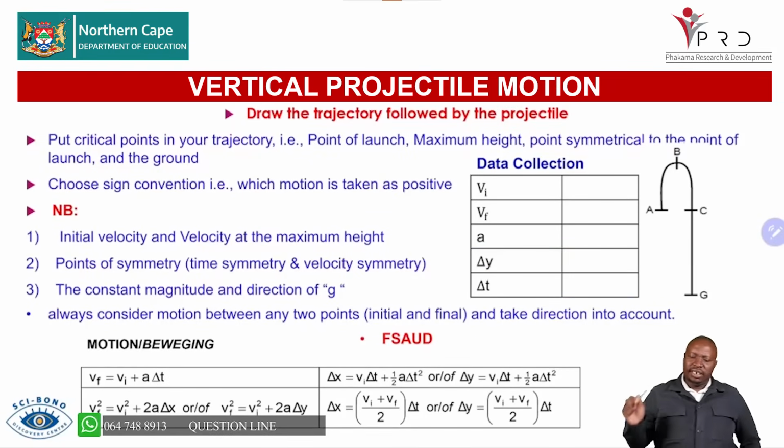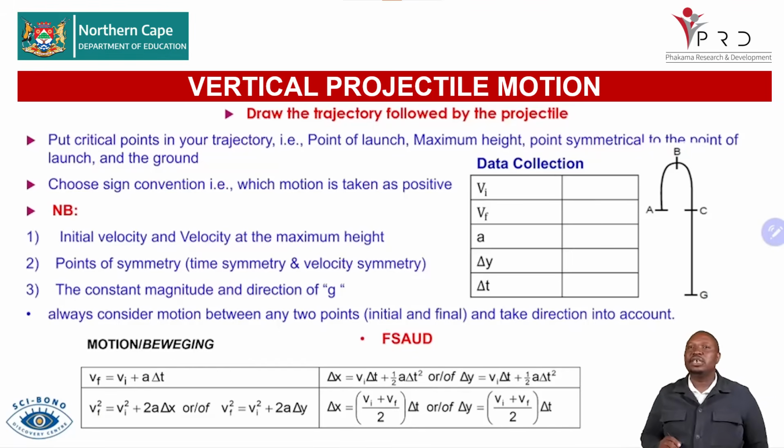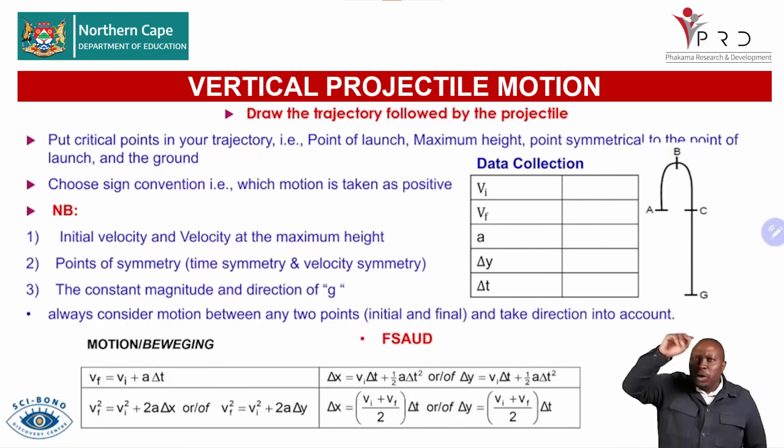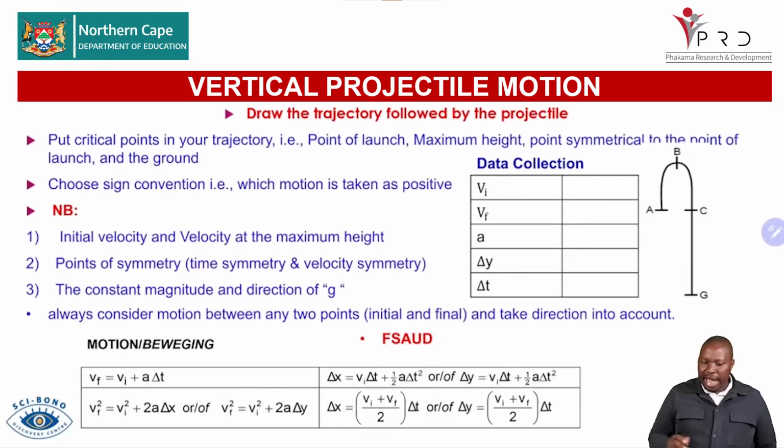Now, we always say on the strategy of VPM to draw the trajectory. It's better to answer questions using something that you can see. So we are saying you draw the trajectory and you put critical points in your trajectory. What are the critical points? We are saying the point of launch. For example, at A here, you're on top of a building.